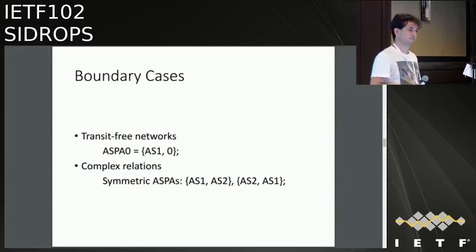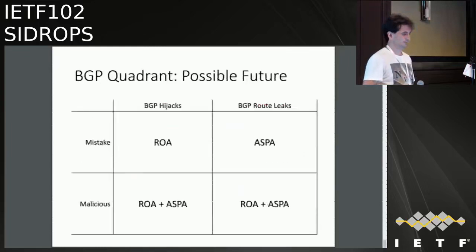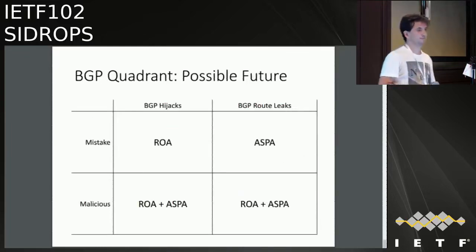Randy Bush, IIJ, to both continue John's thought and also to disagree with it a little. This has the two major problems to me of SOBGP, which is over-revealing of relationships, and it's per AS, not per prefix.